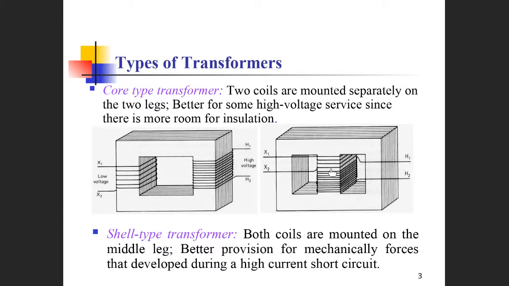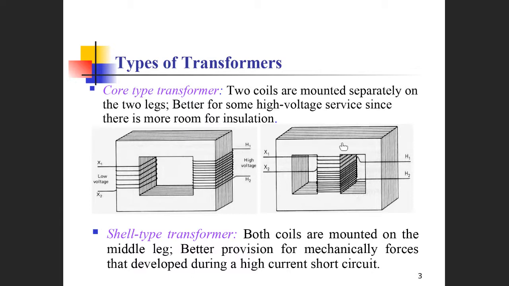With the same force, the torque is small. So they are strong to big current. However, they are weak to high voltage, because they are close to each other.